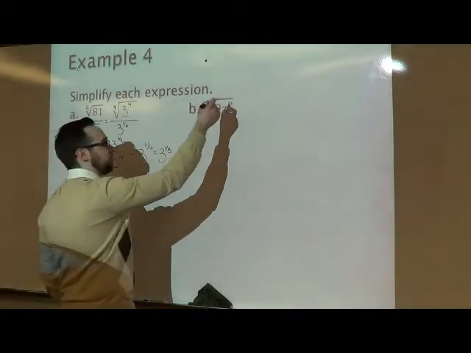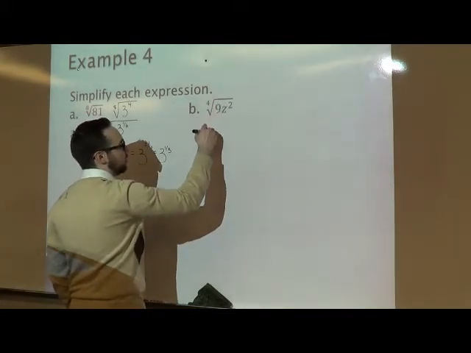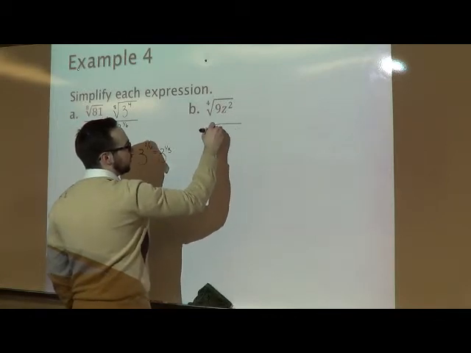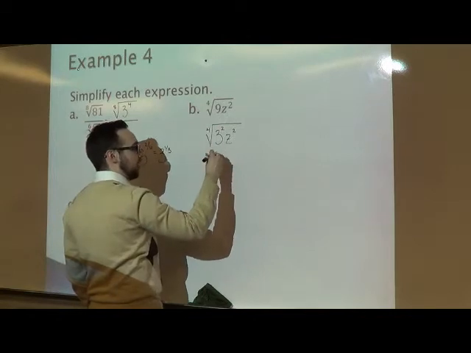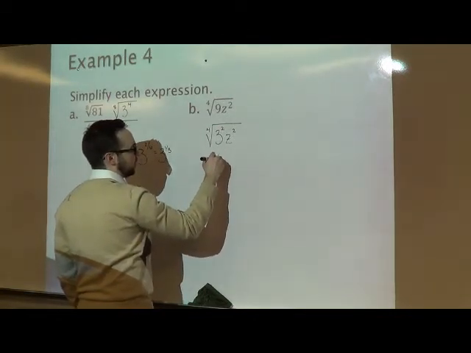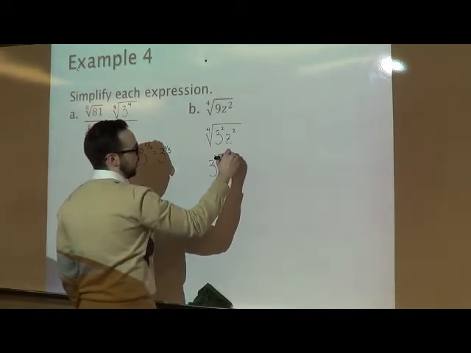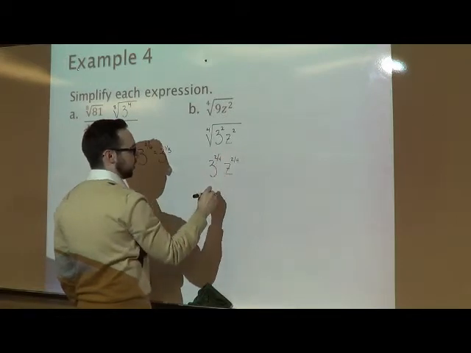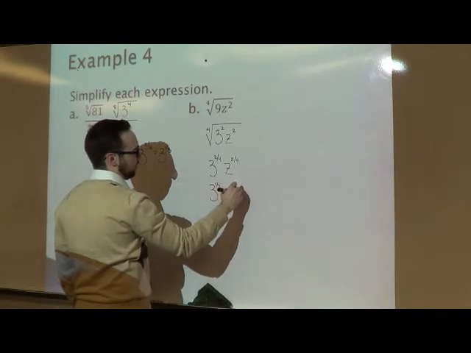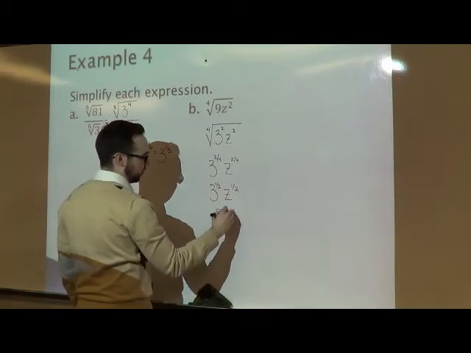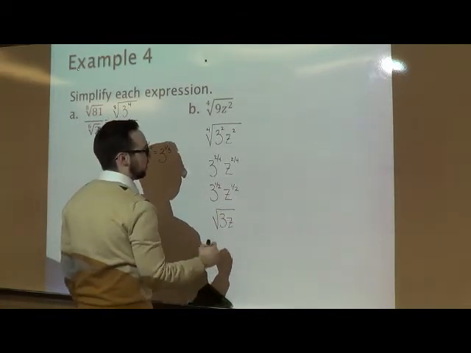Again, looking at this one, if I rewrite 9 as 3 squared, the only thing that we can really do here is say this is 3 squared times z squared. I'm going to rewrite that. That's going to be 3 to the 2/4 and z to the 2/4, which ends up being 3 to the 1/2 and z to the 1/2, or just the square root of 3z.